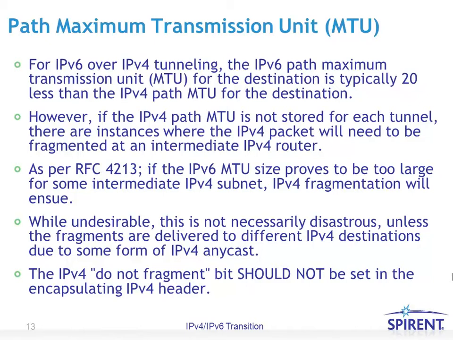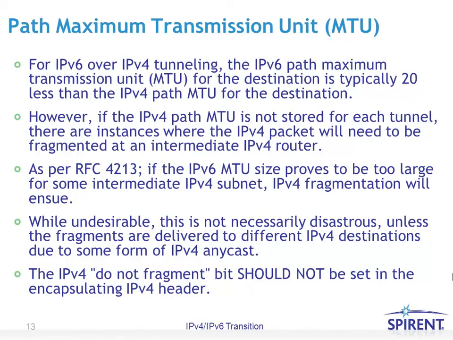So regarding the path maximum transfer unit, one might assume that the IP version 6 packets will not exceed the typical MTU of IP version 4, especially since IP version 6 has a default MTU of 1280 and most IP packets are carried over Ethernet links which have an MTU of up to 1500. However, since path MTU information is not stored for the tunnels, you have to make some accommodation for the fact that the packet could end up larger than an MTU of any particular link.